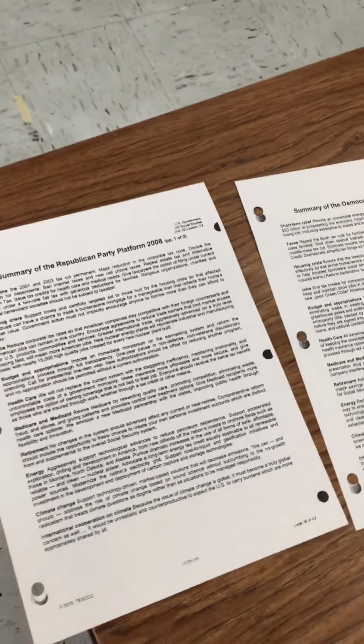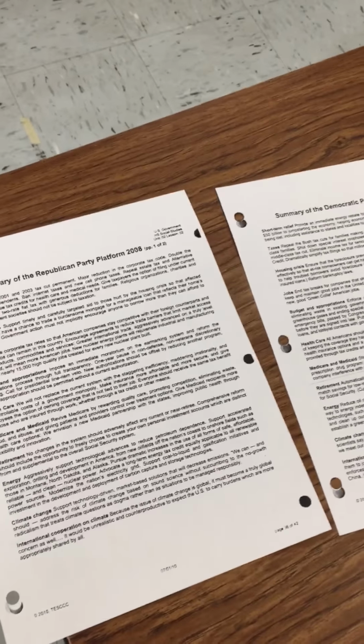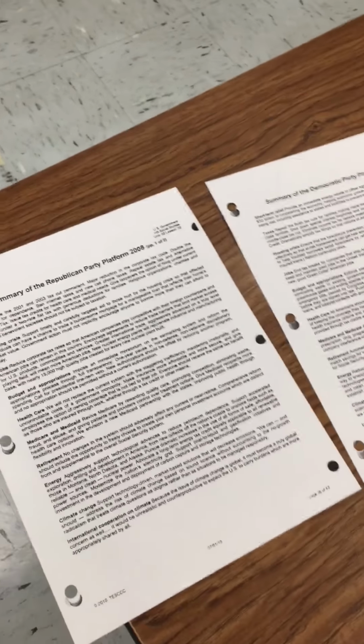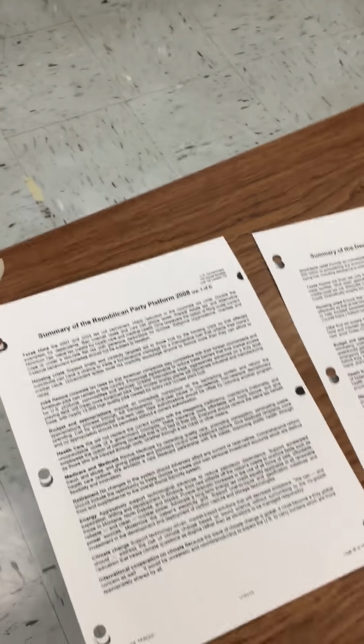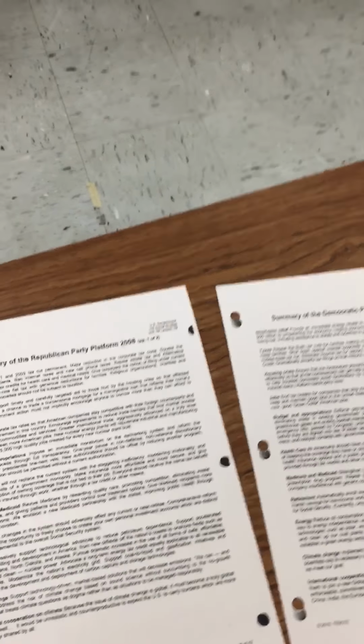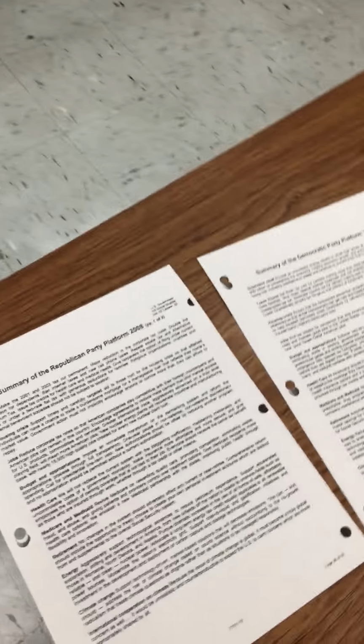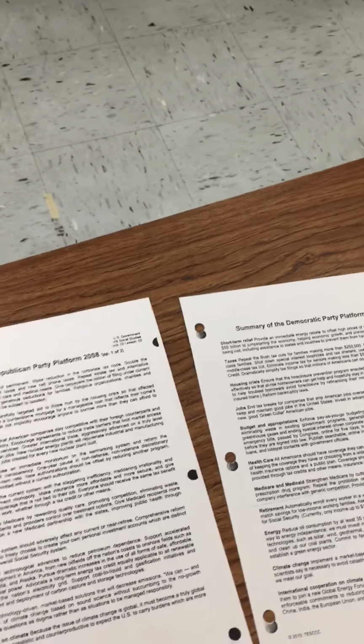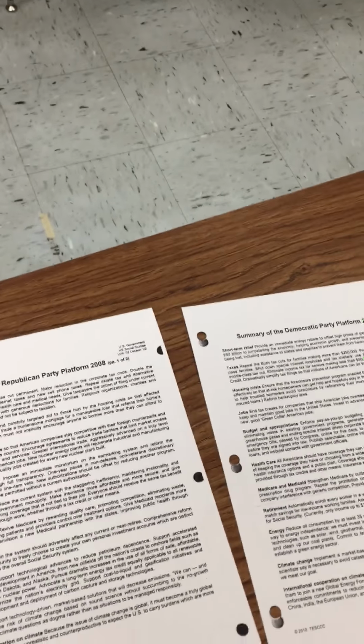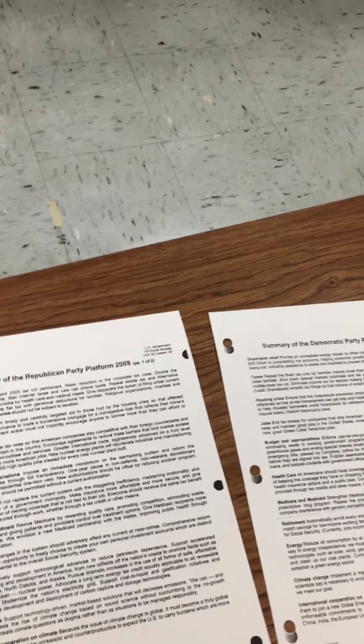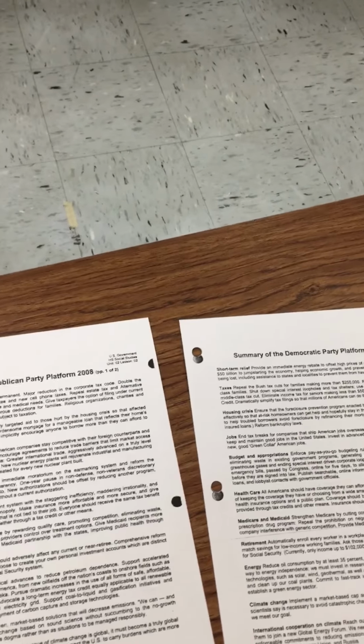Back to what I was saying though. The order of things shows you, to a certain extent, the importance of certain issues to certain parties. You will also notice as you go through the assignment that there are some topics that do not show up on both the Republican side and the Democratic side, okay?